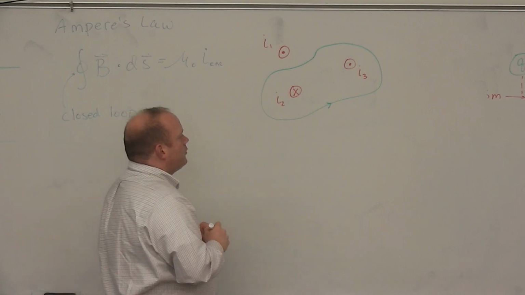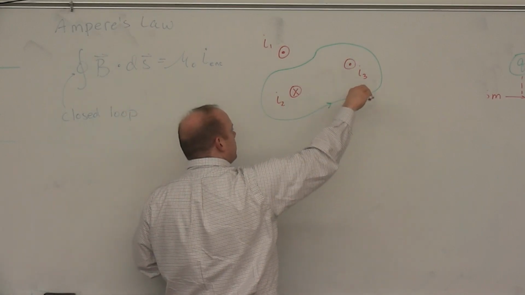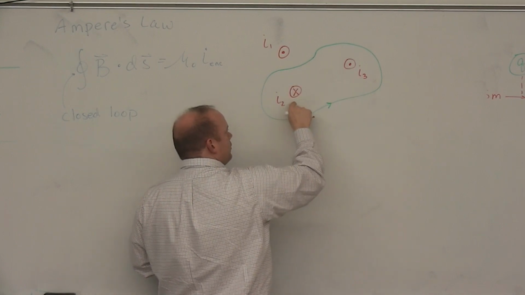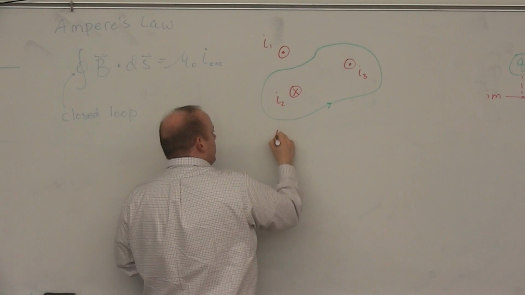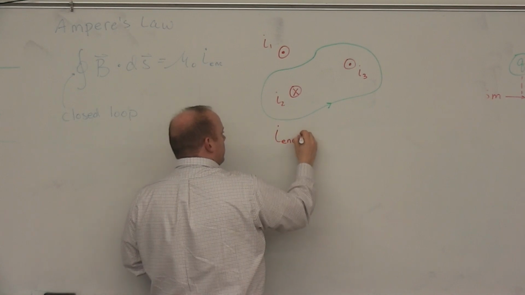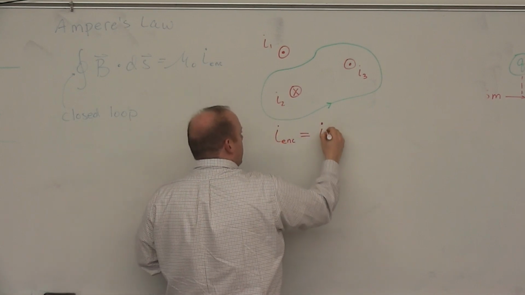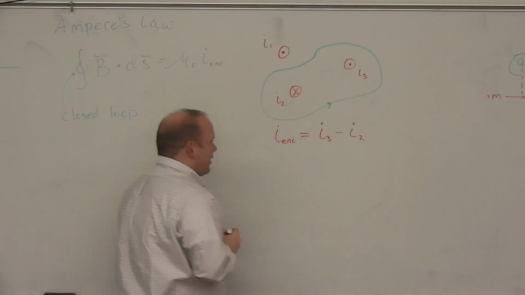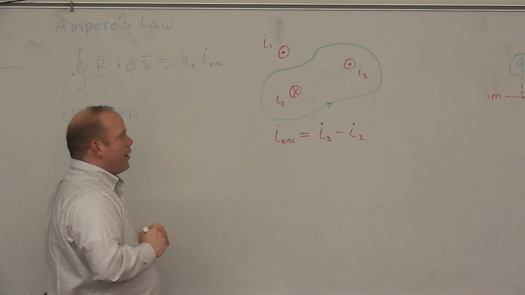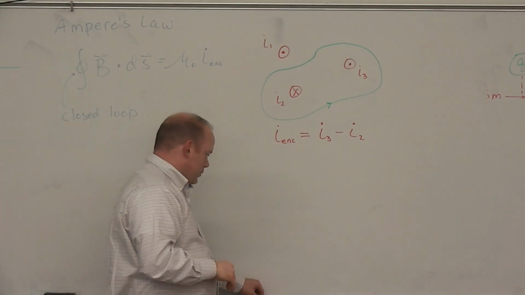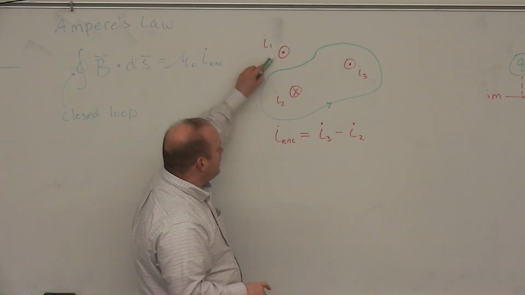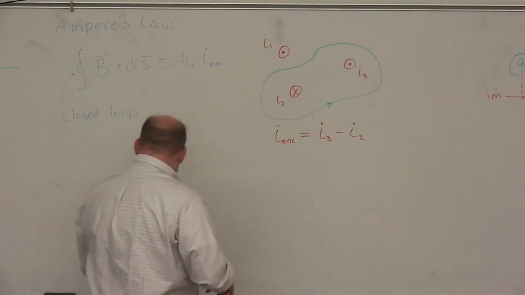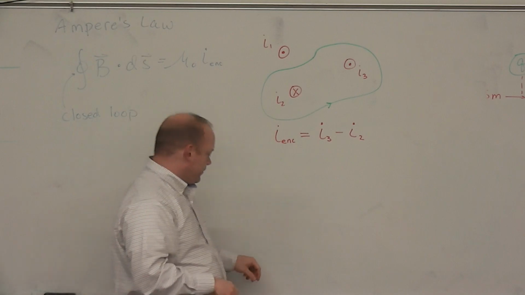And so if out of the board is positive, I3 would be positive, I2 would be negative because I2 is going in. So I enclosed, remember it's a net current, equals I3 minus I2. And that's our I enclosed. Now, let's talk about the B. And I1 doesn't come into play here because I1 is not inside our Amperian loop.